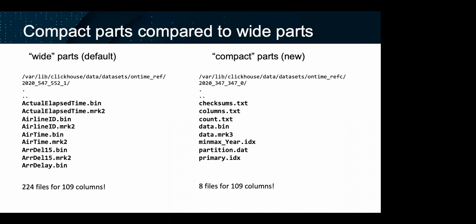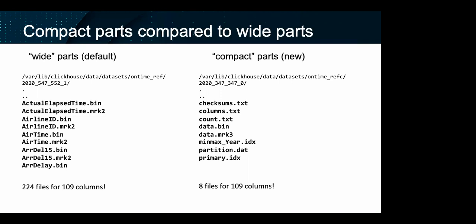This is an example. This is data from the airline dataset, which contains 109 columns in a table. The wide part takes 224 files to store, which is quite a big number, while compact parts only take 8 files.